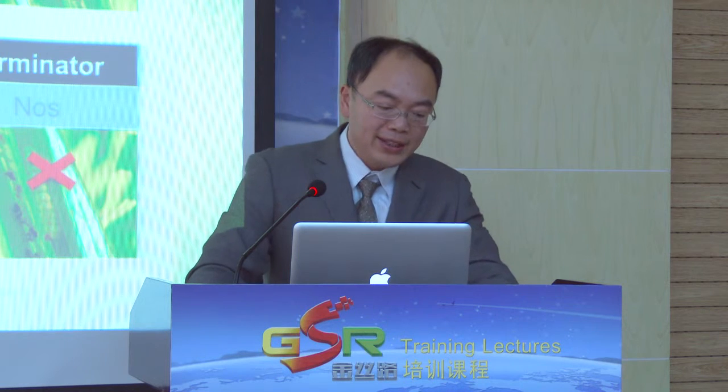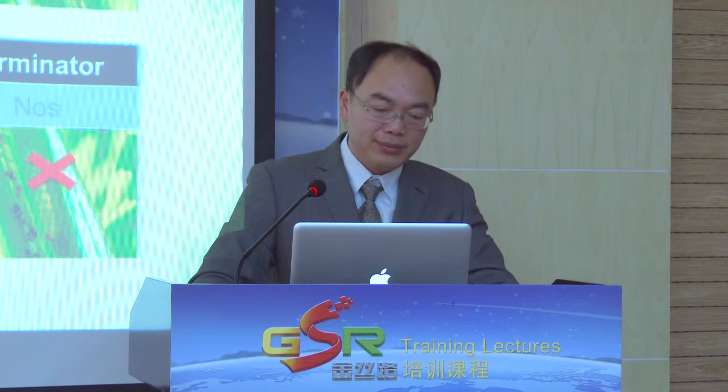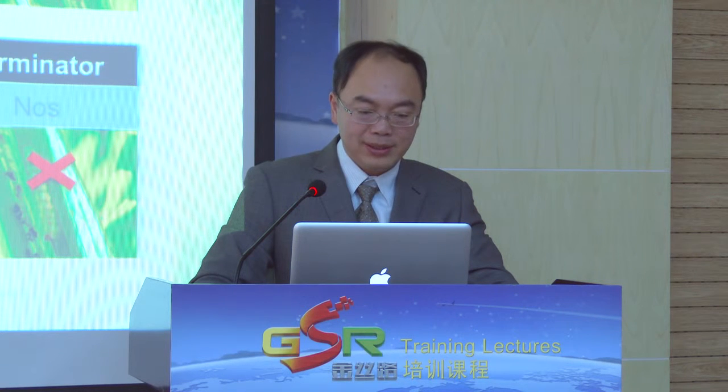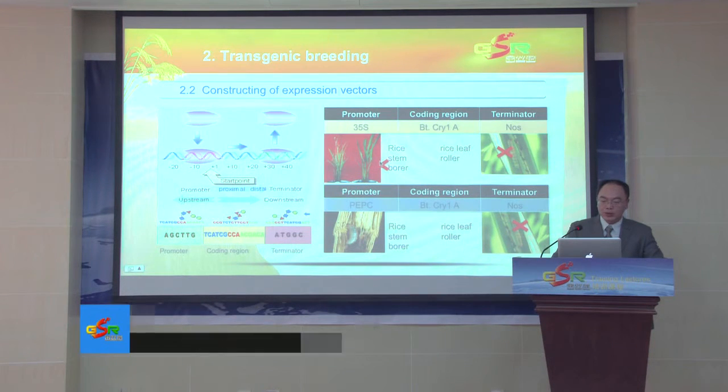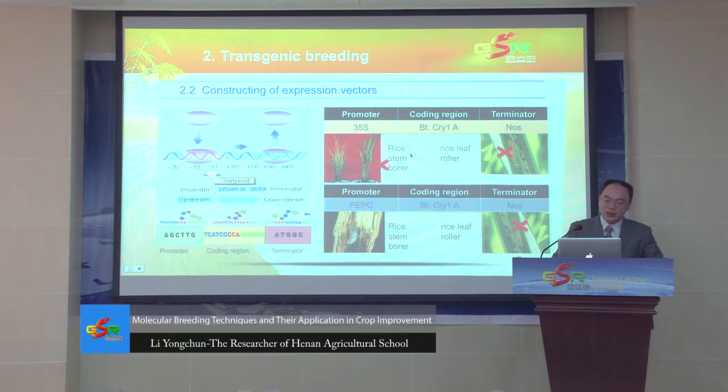So we can design gene expression by using these 3 distinctive elements of a gene. For example, if we use a constitutive promoter, such as the 35S promoter, and drive a Bt gene, the transgenic plant will express toxic proteins everywhere and anytime.